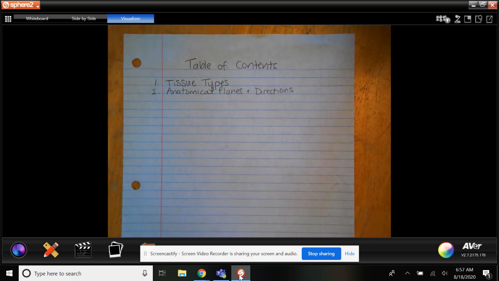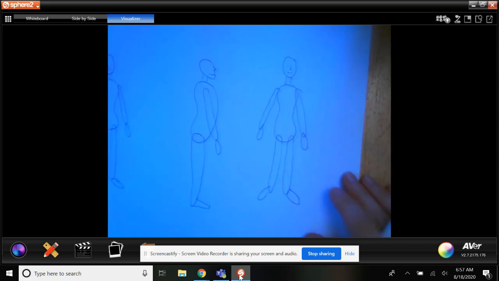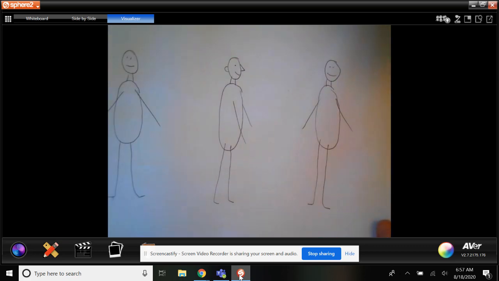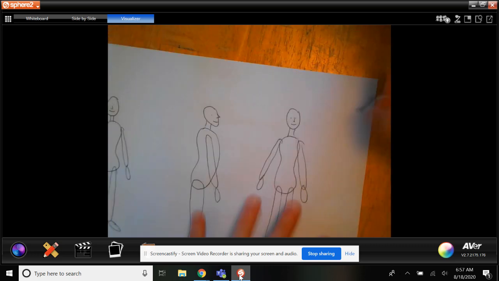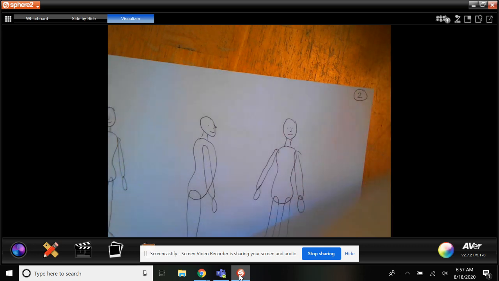And then we're going to put our number at the top corner of our page. So I've started 2 drawings. One that has a little bit more detailed pictures, and one that has kind of like stick figure pictures. It doesn't matter which one you're going to do, but put your number 2 at the top corner.